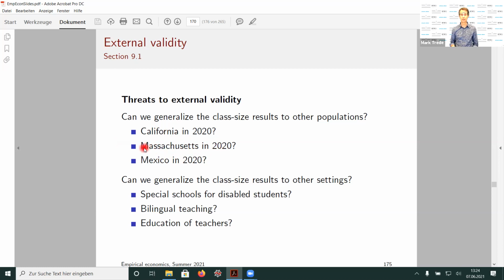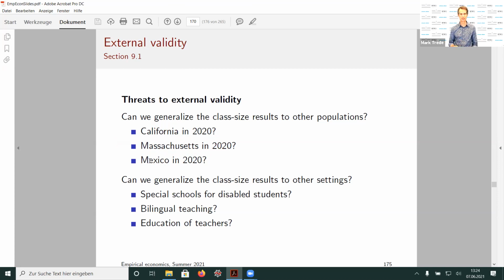And if we go to other countries, say neighboring Mexico, then the question is also, can we generalize what we found out for California to other countries like Mexico, which have a completely different political situation, which have a different level of income, different level of education, and so on.